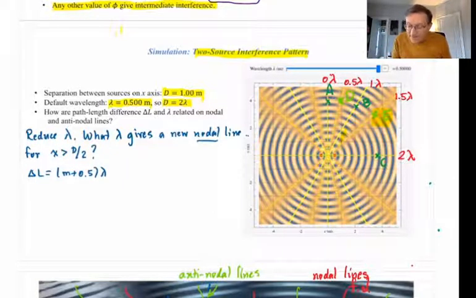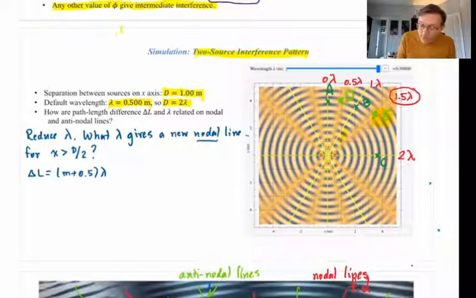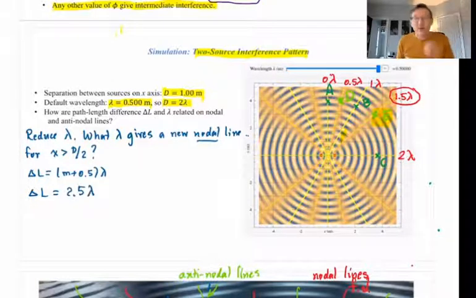Now, the biggest path length difference I got so far for fully destructive interference was 1.5 lambda along that dashed yellow line. So to get a new nodal line appearing, I need to go up one more notch in the delta L value. What I need is delta L to equal 2.5 lambda.